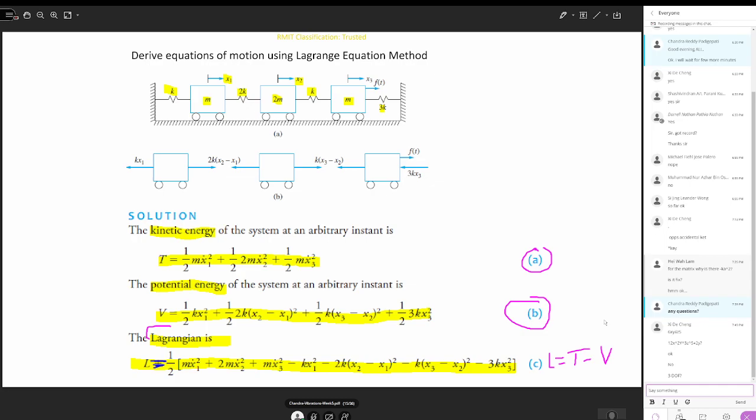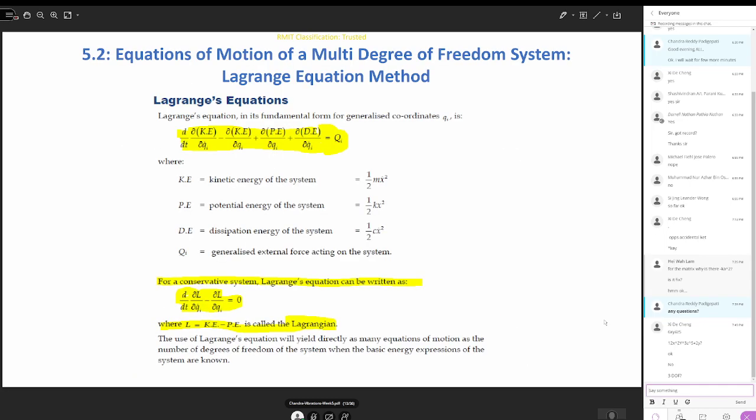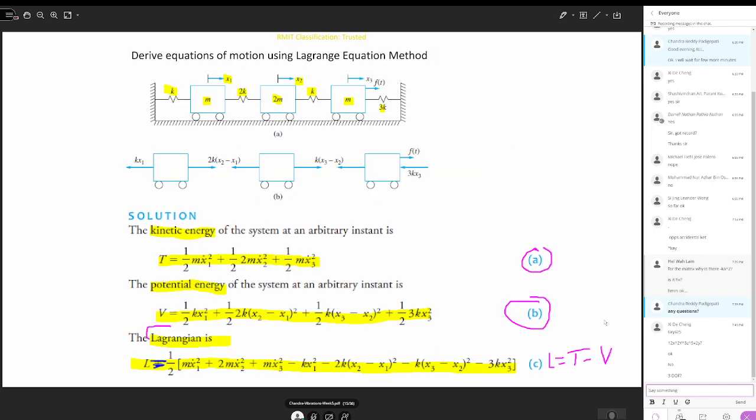As you saw in the previous example, L is kinetic energy minus potential energy. So we apply it here, write down everything, and that is the equation for the Lagrangian L.